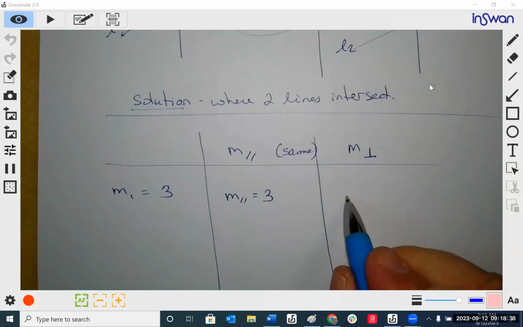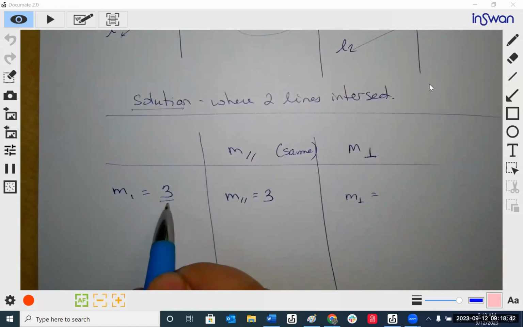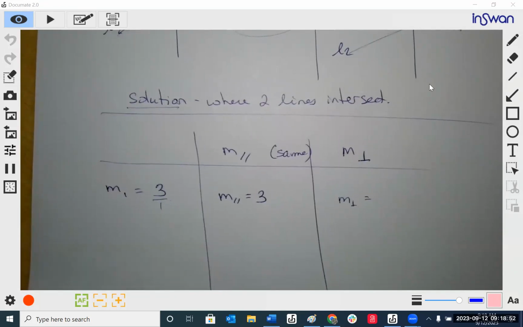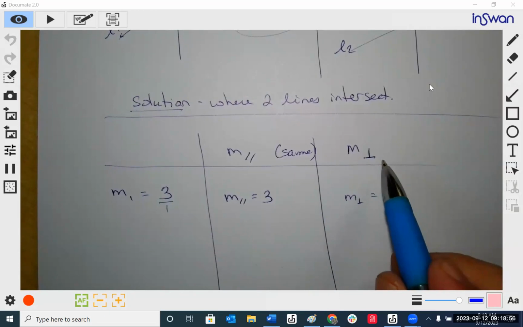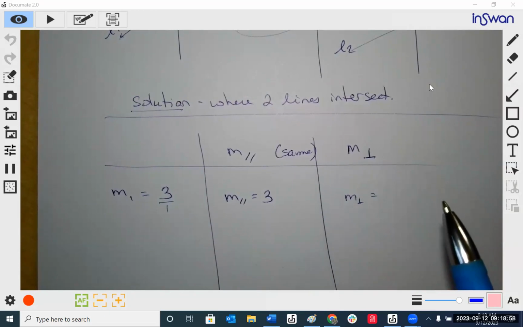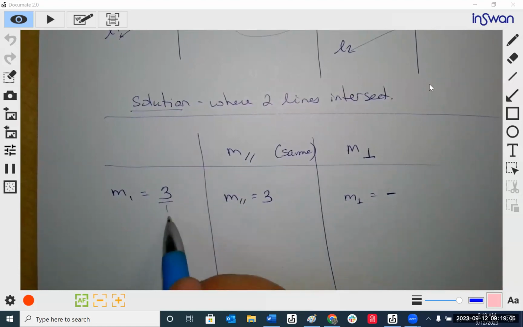What's perpendicular? Because this is 3/1. Let somebody else answer, because you've had calculus before and I want to see what they know. Remember, the perpendicular is a reciprocal and change the sign. So this is positive, it's got to be negative. That's 3/1, so this one has to be -1/3.